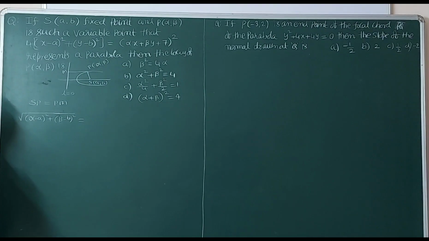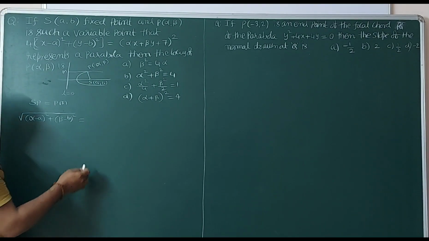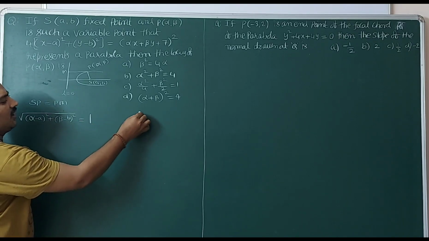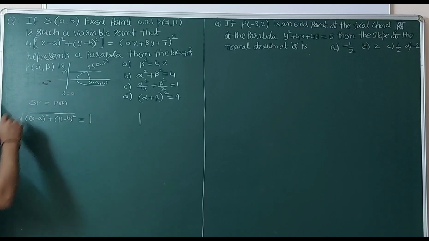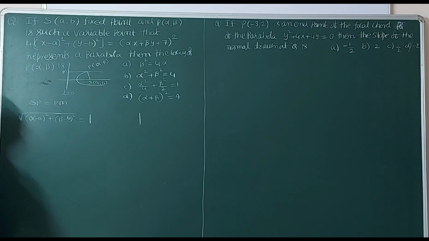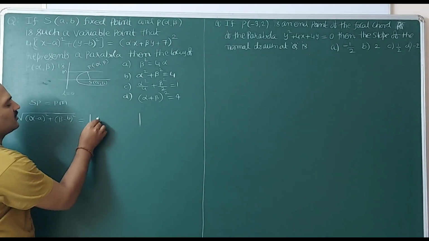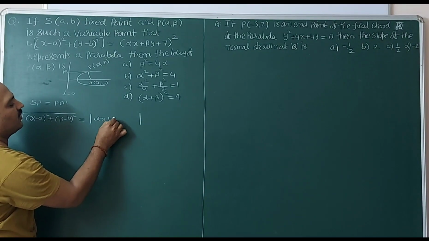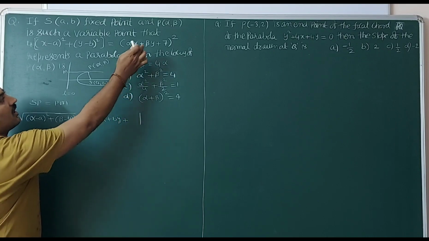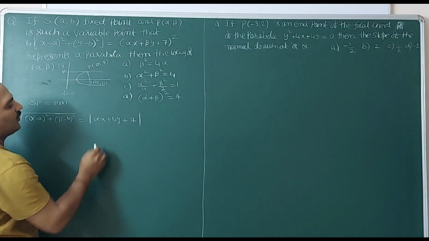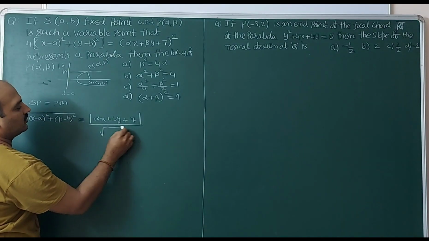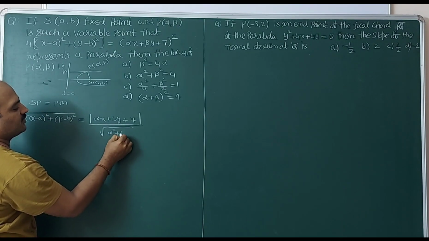This line we generally take as ax plus by, so alpha x plus beta y, and according to the question plus 7. So this is the line, divided by root over alpha square plus beta square.